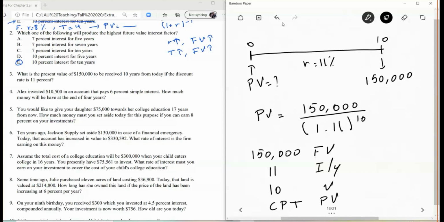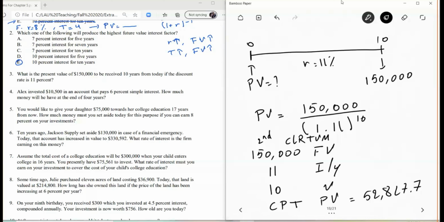The answer that you should get, whether you use the formula or the financial calculator, is 52,827.7. Now, of course, if you are using the calculator, before you solve, you need to make sure that you click on the second function, then clear time value of money in order to delete all of the previous entries.